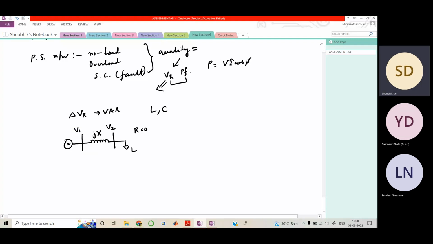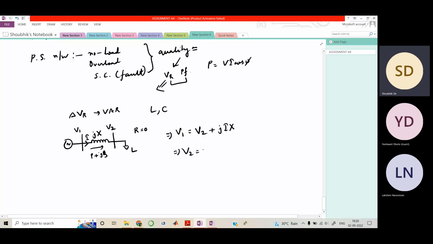The current flowing through this line is, let's say, I, and the apparent power being delivered is P plus jQ. So we can write the equation: V1 would be V2 plus jIX.